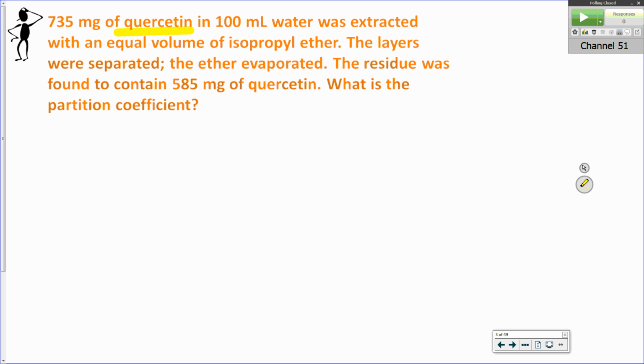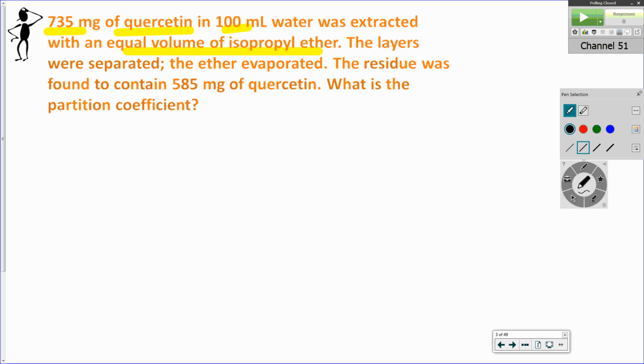So you've got 735 milligrams initially. It's in 100 mL of water. So I tell you it's an equal volume of isopropyl ether, so it means there's 100 mL of it as well. And you're going to have a separation of this compound in between those two phases. All right, so if you want to think of it, the way you're probably going to do this is in your separatory funnel.